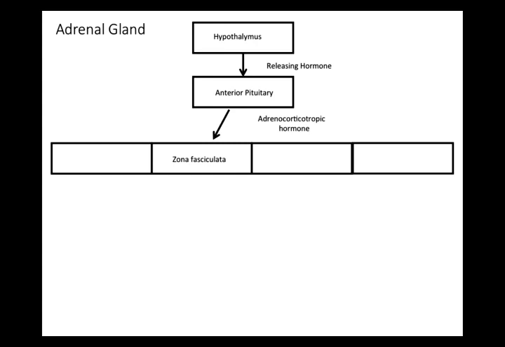The ACTH will go to the zona fasciculata in the adrenal gland, and that zone will start to produce cortisol.